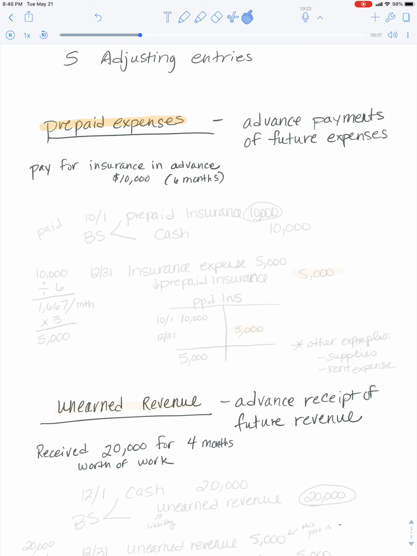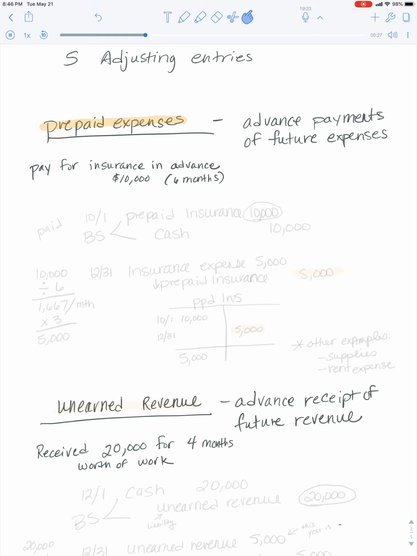So if we have a $10,000 premium for 6 months, as soon as we pay it, actually no time has passed. So we don't get to expense it, which means it doesn't end up on the income statement. We have to wait until it's incurred. So let's say this happens on October 1st.